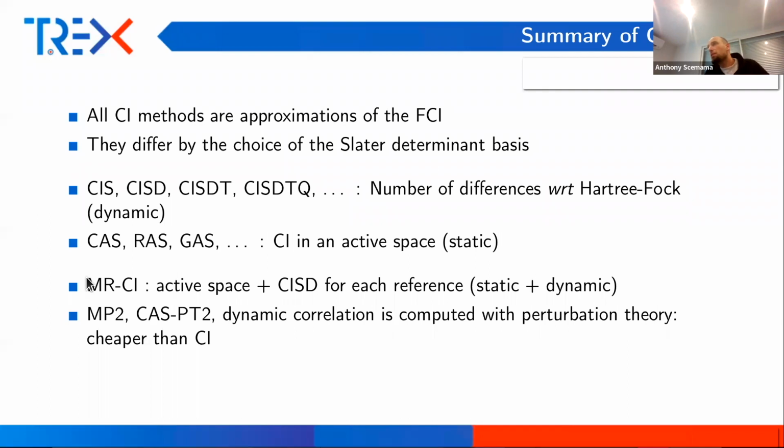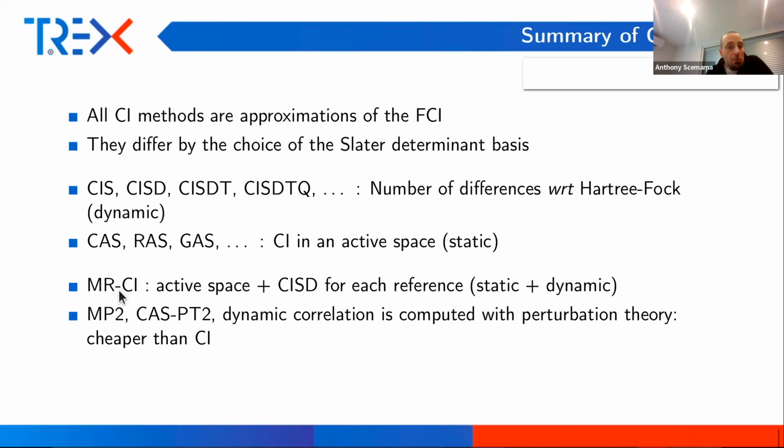I've told you that to combine static and dynamic correlation, you could use a CI expansion and a Jastrow factor. You can also do it by combining these two approaches. So taking a small active space and then doing all singles, doubles, and triples, etc., on top of a CAS wave function.